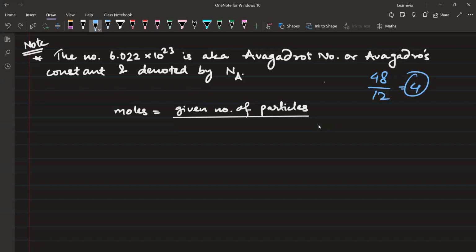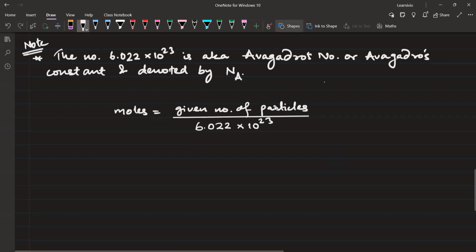In the same way as the dozen formula, the same is the formula for moles also. The given number, whatever you will be given, divide by the amount that is present in 1 mole, that is equal to 6.022 into 10 to the power 23. Okay, so please write this down and keep it in a box.